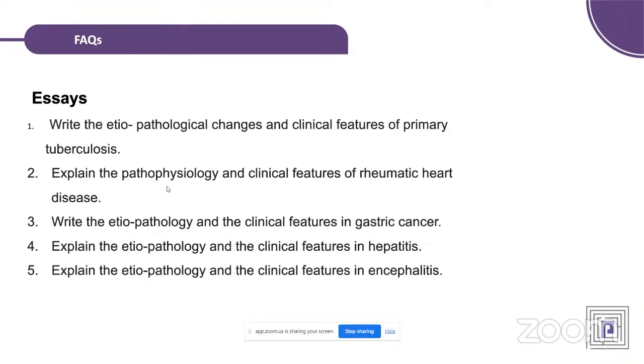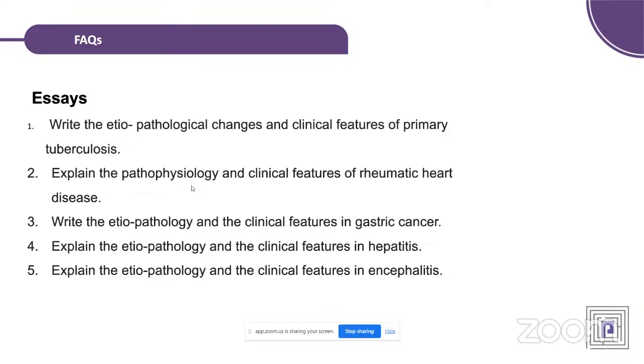Next is explain the pathophysiology and clinical features of rheumatic heart disease. So rheumatic heart disease mostly develops after a rheumatic fever, which is caused by the group A beta hemolytic streptococcus organism. If it is untreated, it transforms to rheumatic fever.